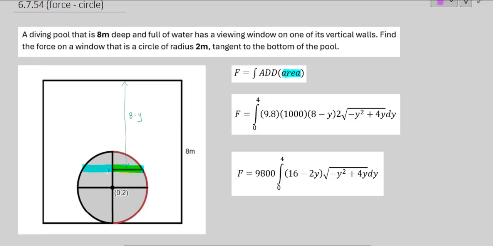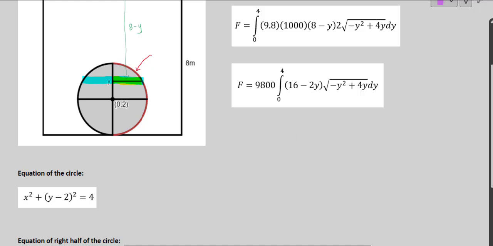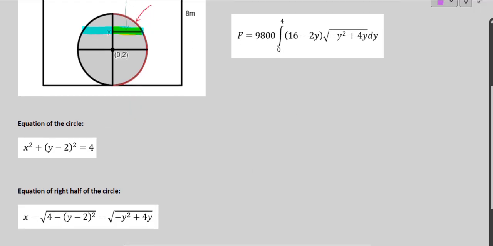And so what we need to do is find the equation of this right side of the circle, isolate x, and then double it. And that's what I've done down here. So the equation of the circle is x squared plus (y minus 2) quantity squared equals 4. And then I have isolated the x and simplified.